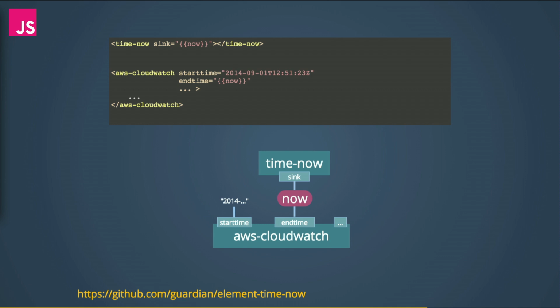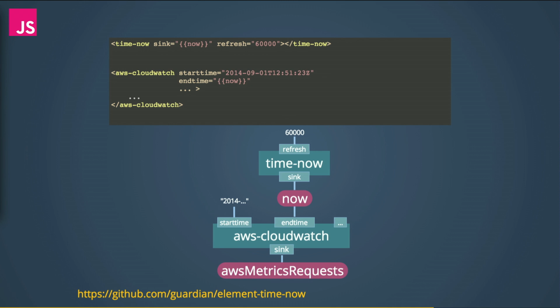So that's great, except, well, it doesn't update. Well, we can make it update. We can just pass in a refresh attribute that says update every minute. And the nice thing here is that when now updates after a minute, the now value changes. And because CloudWatch is also observing its inputs, it's going to do another request to fetch the updated data.